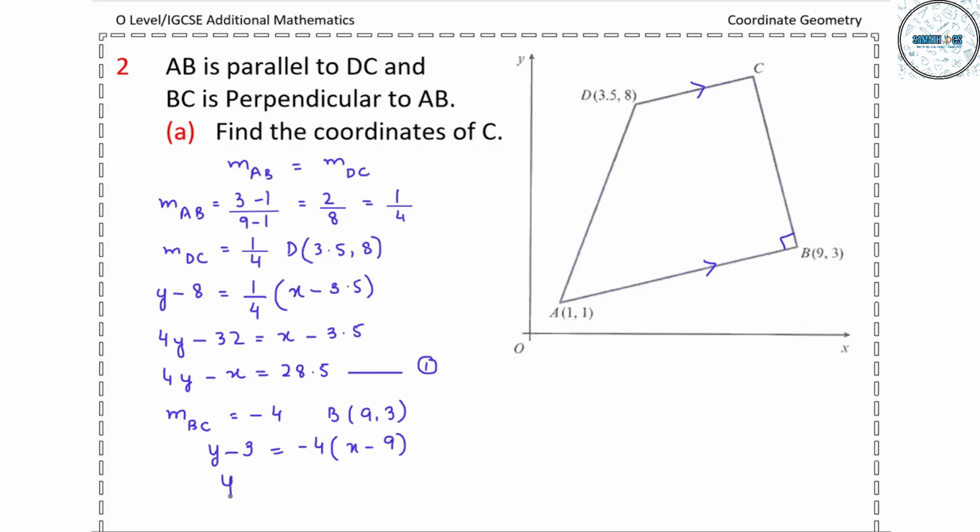So we have here y minus 3 is equal to minus 4x plus 36. So finally, we have the equation y is equal to minus 4x plus 39. This is equation 2.